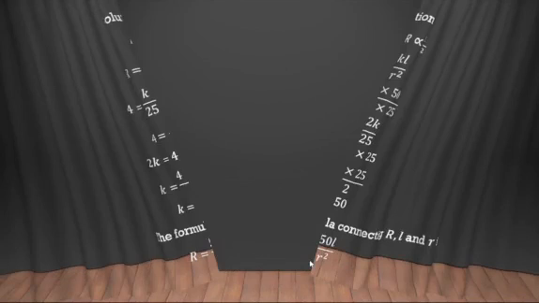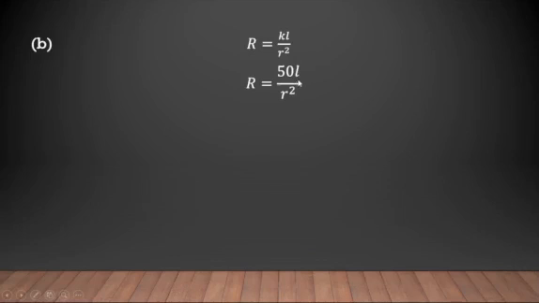So first of all, we write the relationship out. It's an equation, of course, the equation connecting the three variables. So then we now do substitution. K is 50 as we have found, times L over r squared. So R is 12, the big R is 12, and the radius, small r, is 25.